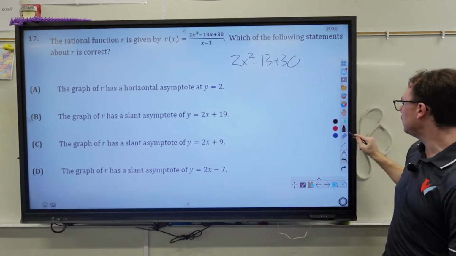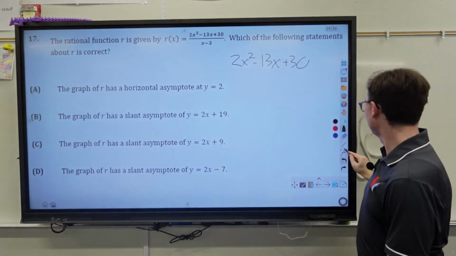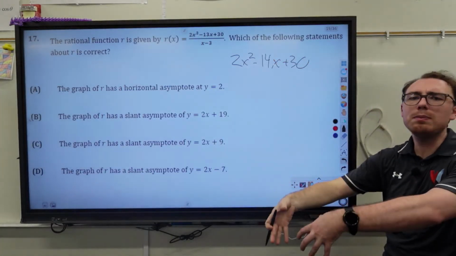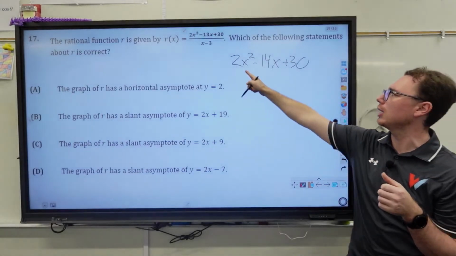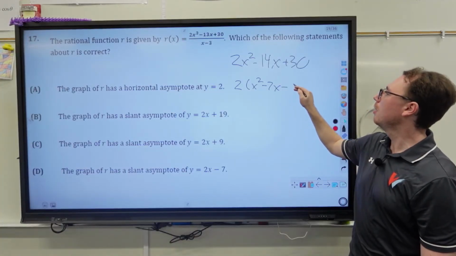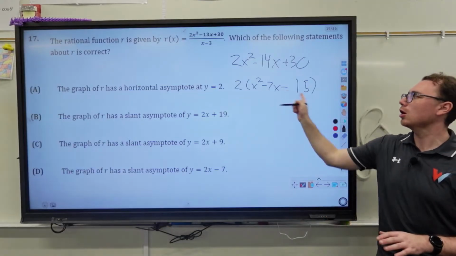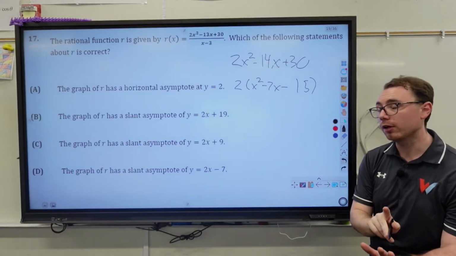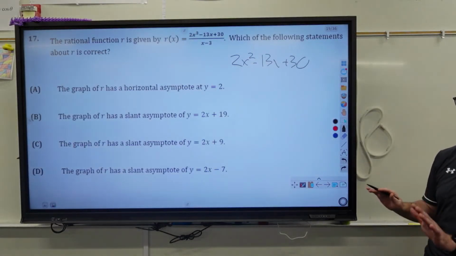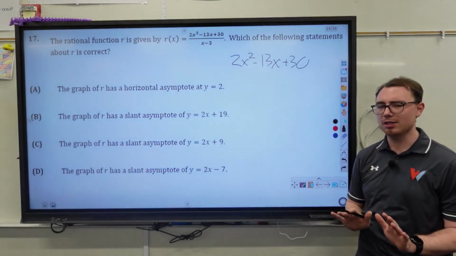If this middle term here was actually 14x instead of 13x, it would be easy to just undistribute that 2 to say 2x squared minus 7x plus 15, plus 15, and then we can solve this out normally. However, since we can't undistribute that 2 in a nice clean way, we could undistribute it and get like 6.5, but that's even messier to deal with.